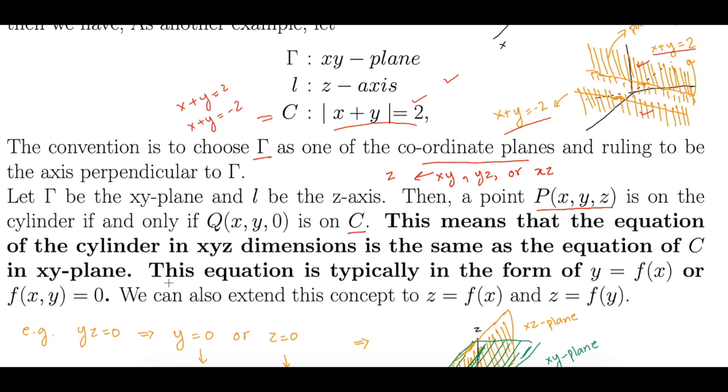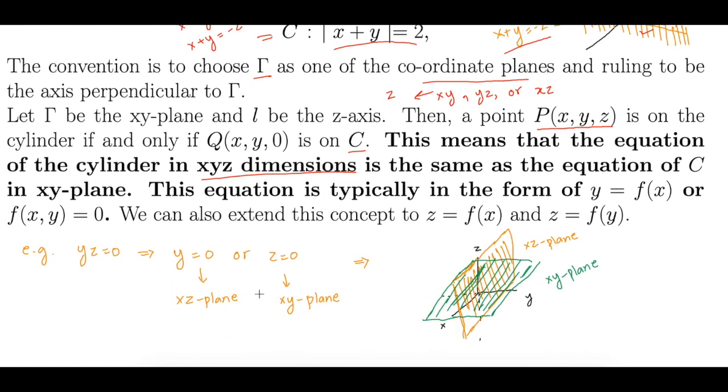This is understandable because the ruling is the z-axis. This means that the equation of the cylinder in xyz dimension is the same as the equation of C in the xy plane. This concept can be extended to the yz plane or xz plane. Let's say this is the equation in the yz plane: yz equals 0. This means that either y is equal to 0 or z is equal to 0.